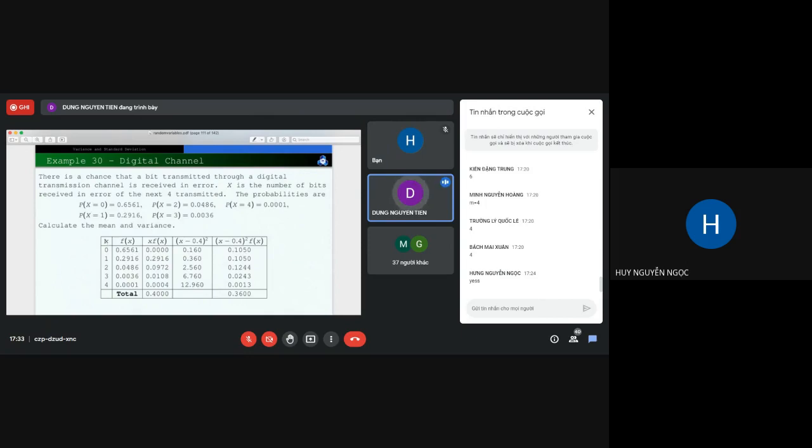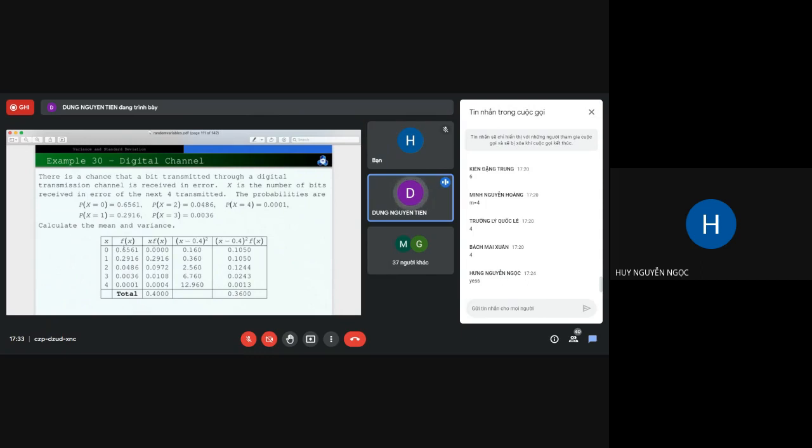Suppose that you have 2 columns here. X could be 0, 1, 2, 3, 4, and the probabilities are 0.6561, 0.2916, 0.0486, 0.036, and 0.001. The sum of all these numbers is 1, definitely.